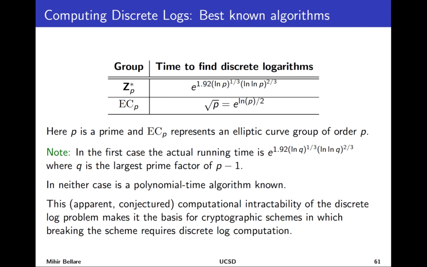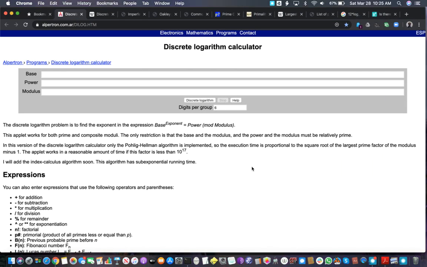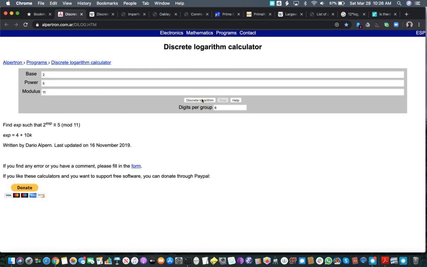So if you want to see how these things work out, you can go on the internet and find discrete log calculators. So you could give it some base, maybe 2, some modulus like 11, and then some number, and see if it computes a discrete log.